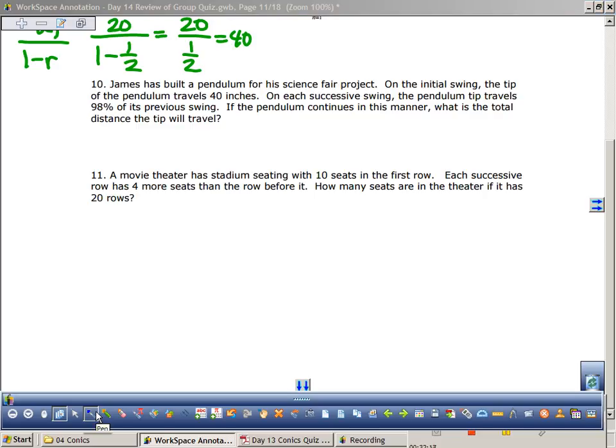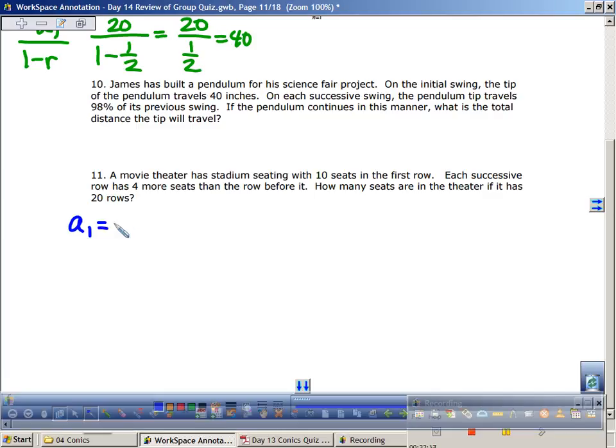A movie theater has a stadium seating with 10 seats in the first row. Each successive row has 4 more seats. How many seats are in the theater if it has 20 rows? I don't have a sub n or a sub 20, so I've got to find it.